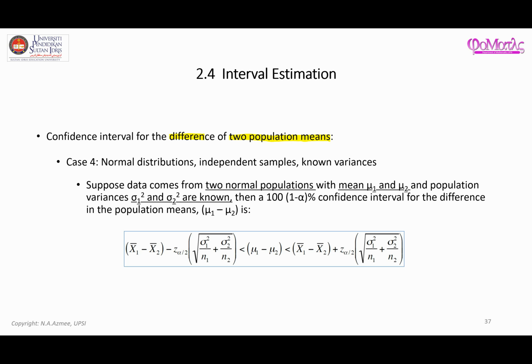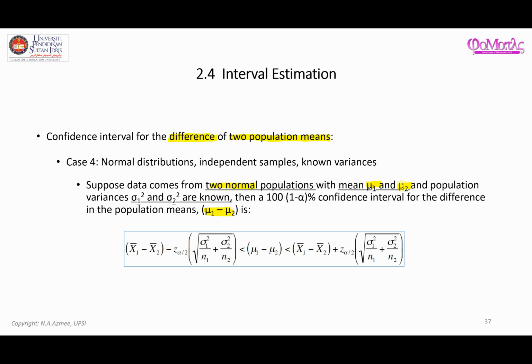In this video, I'm going to talk about the confidence interval for the difference of two population means. So here we have extended our case to include more than one population. And when you talk about difference, you are actually talking about having one value subtracted from another. So this is the difference in two population means, mu1 minus mu2. So let's say your data comes from two normal populations. The means are given as mu1 and mu2.